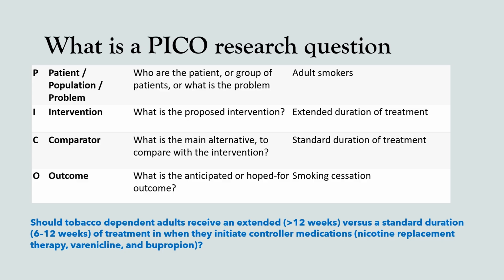The O, the outcomes, will be measured in terms of cessation rate, relapse, and the adverse events. Of all, the primary outcome is the effectiveness of treatment, which is smoking cessation. By defining population, intervention, comparator, and outcome, we can set the scope of the systematic review and define the eligibility criteria accordingly.